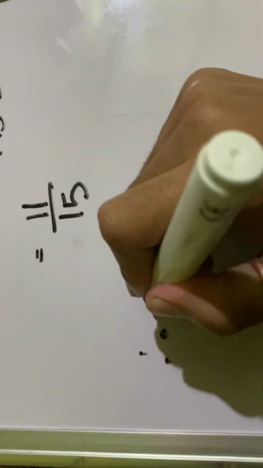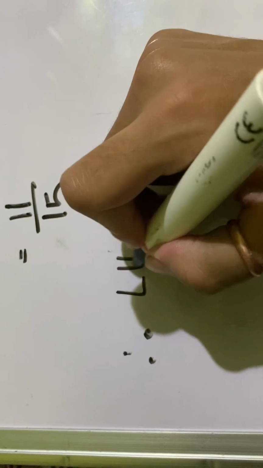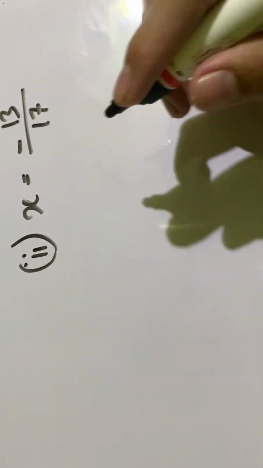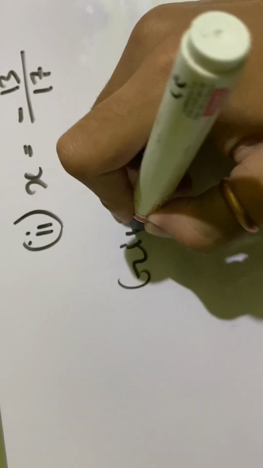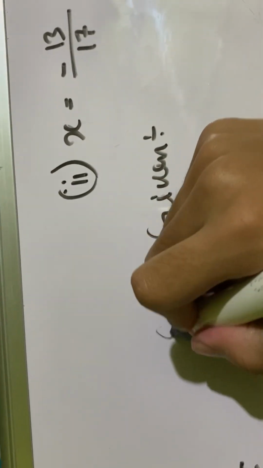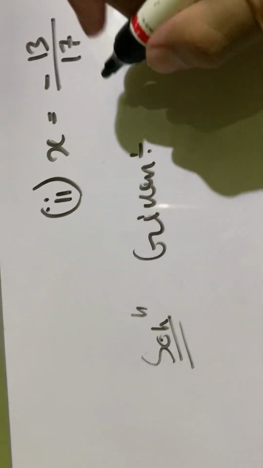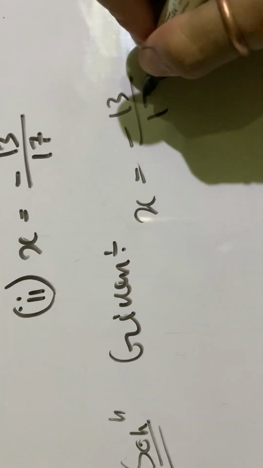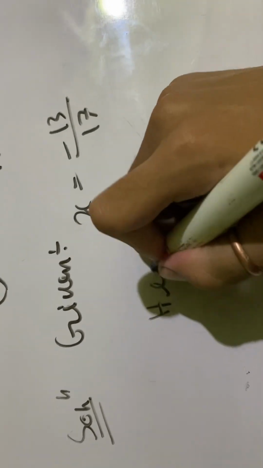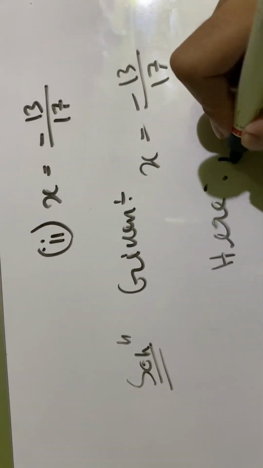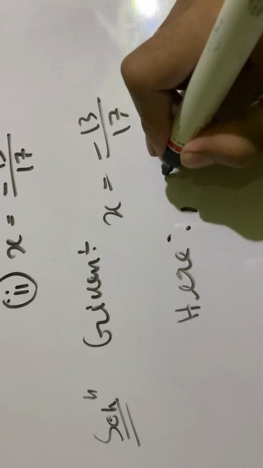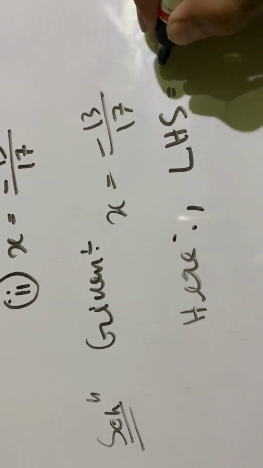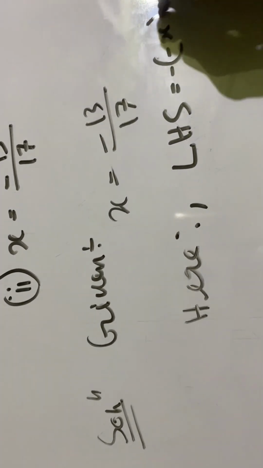Therefore LHS equal RHS. Verified. The second question given, solution, okay, given x equal minus 13 by 17. Here LHS equal minus x.